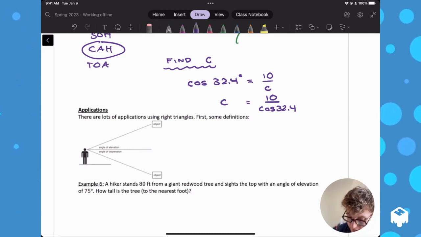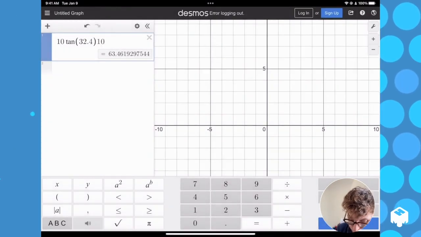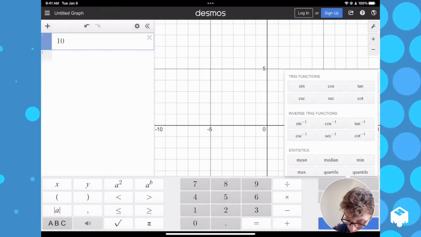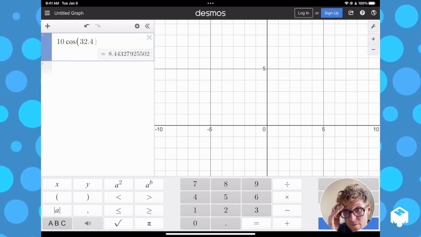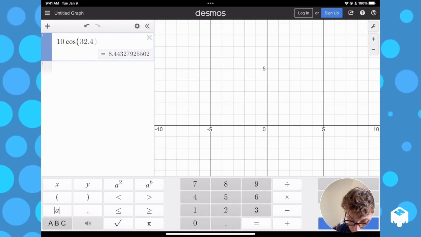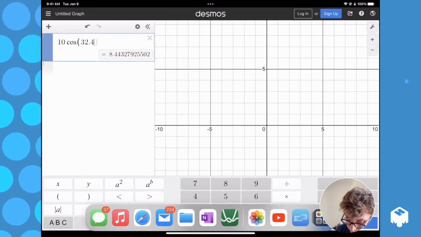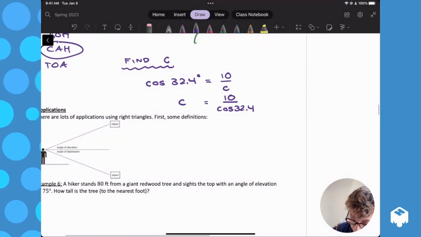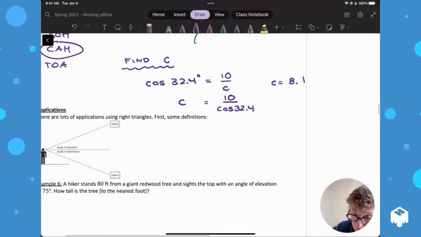And so 10 divided by the cosine of 32.4 is 8.4. So C equals 8.4 units.